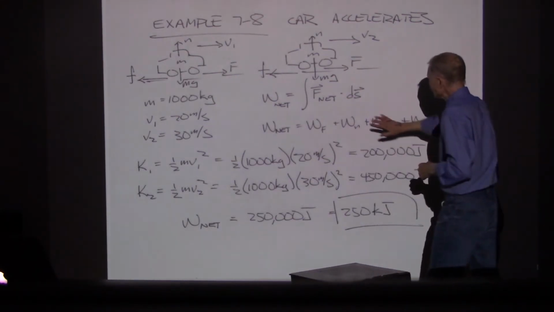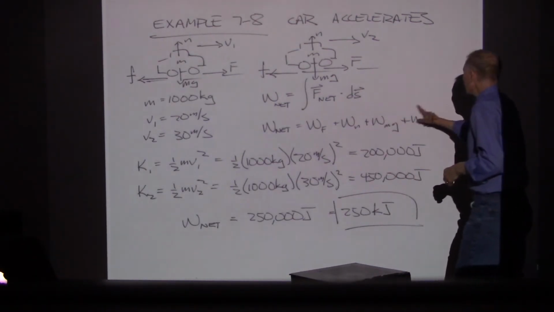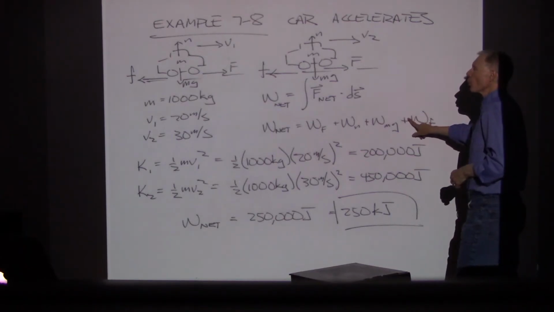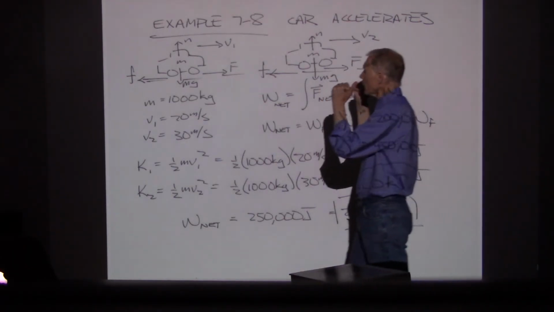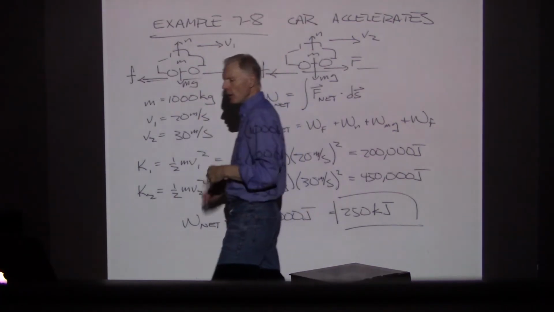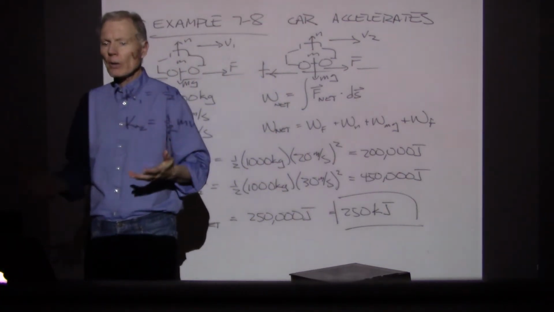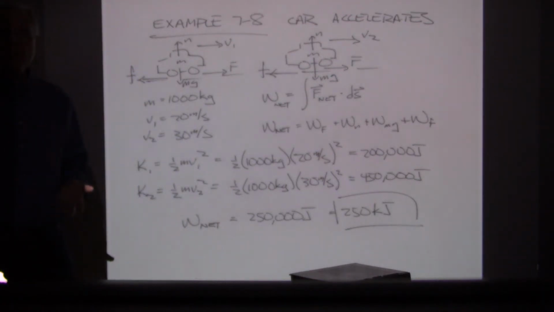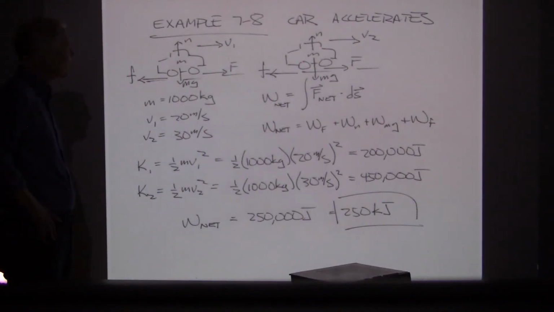Now, that said, this one's 0, this one's 0. What about friction? Well, I'm using friction to make the car go faster, friction with the pavement, but there could also be other frictional effects within the car. There could be resistive effects, air resistance and such, that are tending to slow the car down.